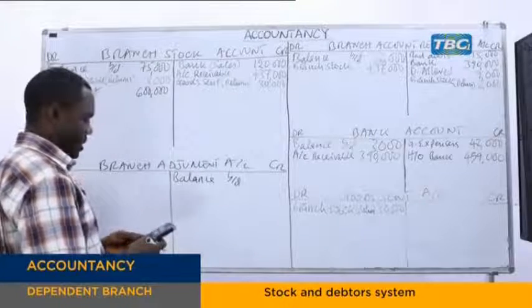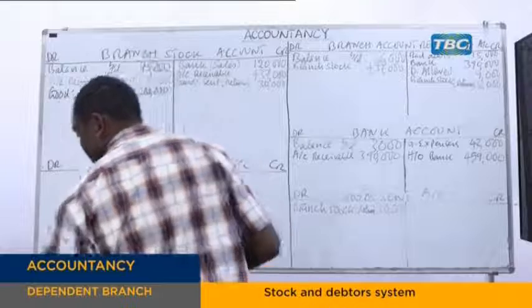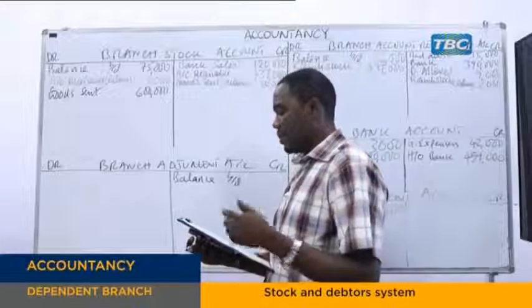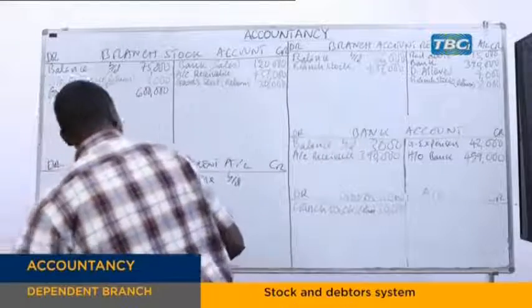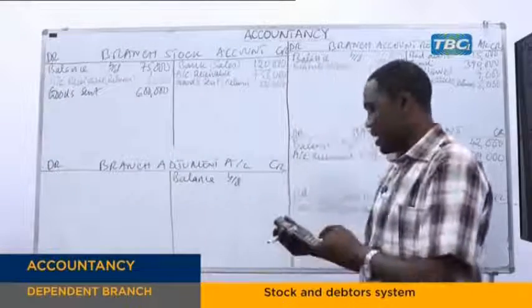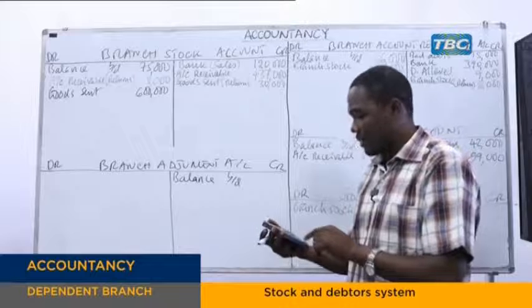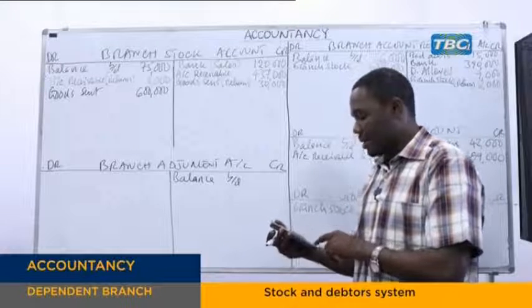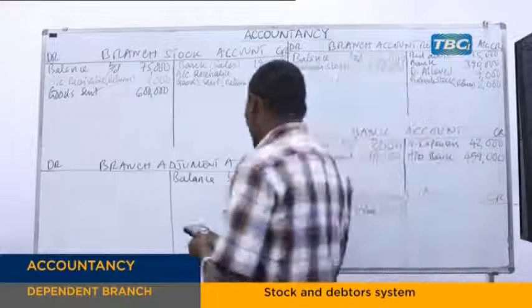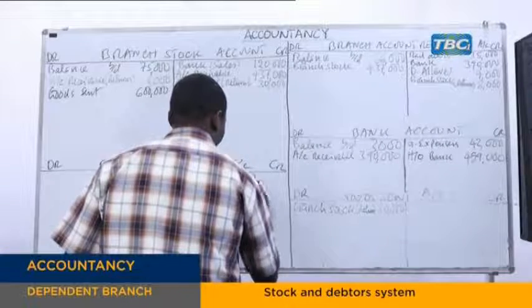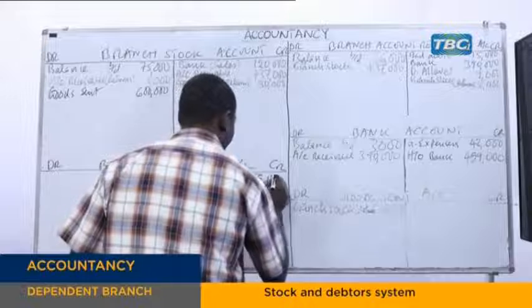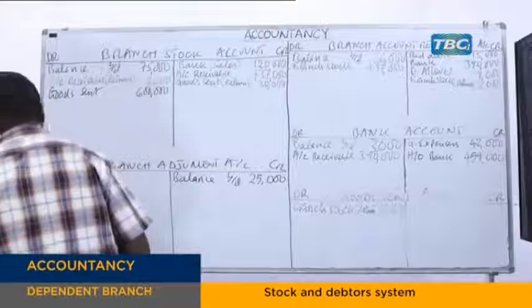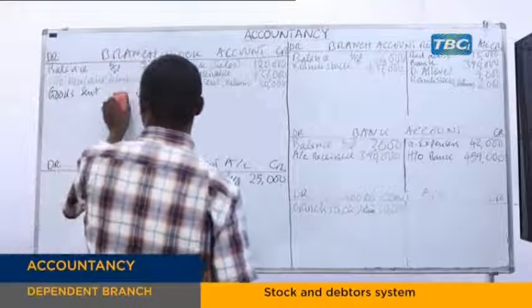If the opening balance was 75,000 and it was at transfer price, we need to use the same margin, which is 1 over 3. 75,000 times 1 over 3, which is 25,000. So we write here 25,000. That was opening.